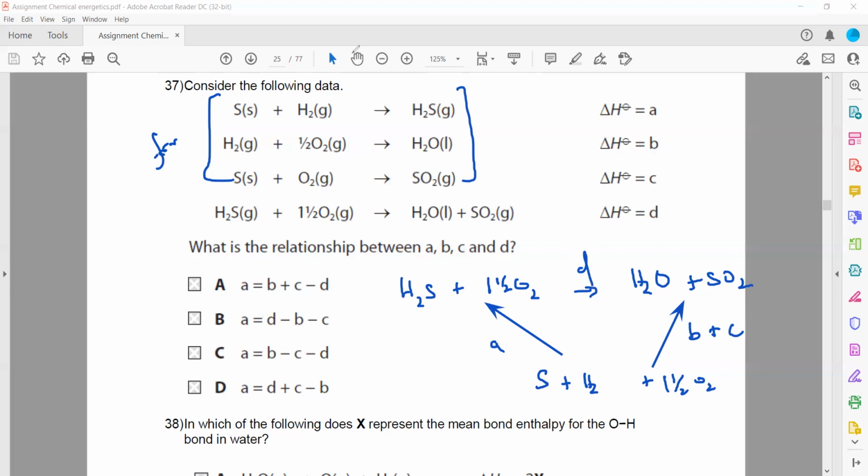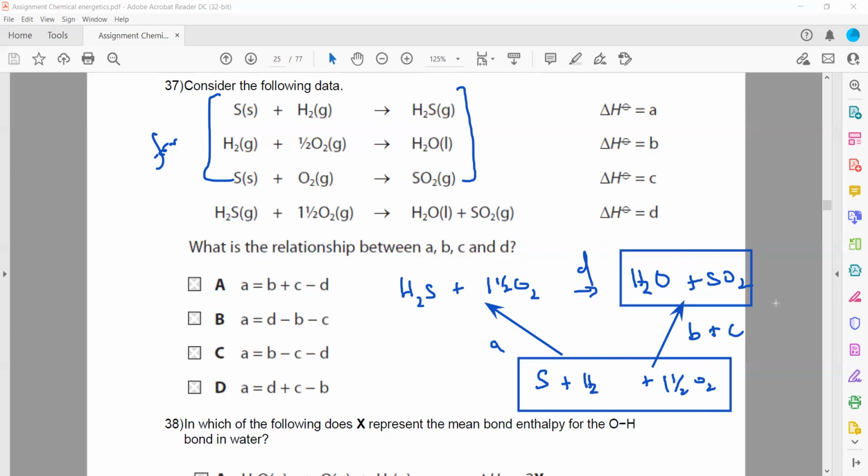Where the two arrows are pointing out, that is the start of the cycle, and where the two arrows are pointing in, that is the end of the cycle. Whenever formations are given, the elements will be at the bottom. The overall energy change is independent of the route or path we follow.